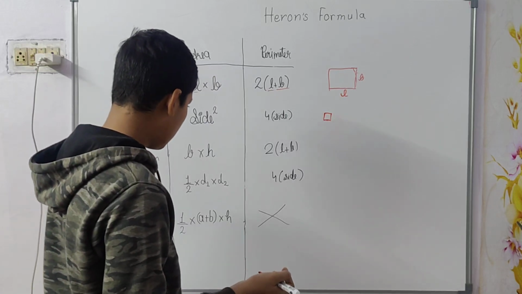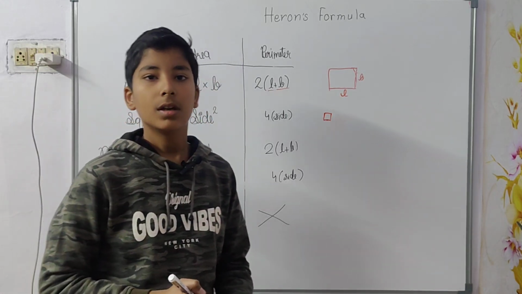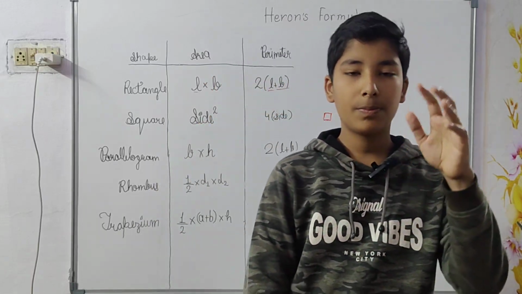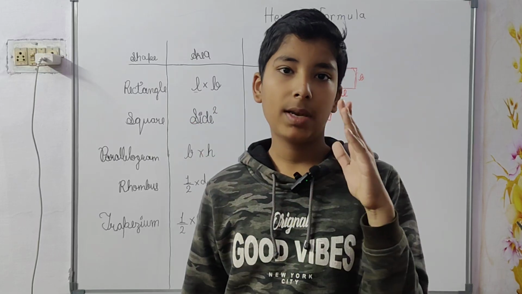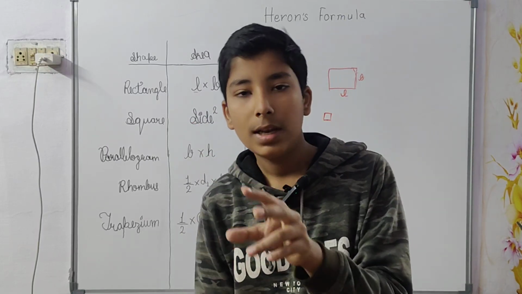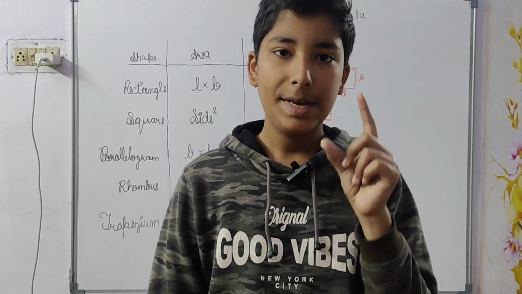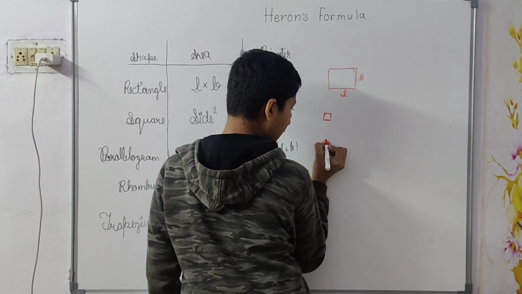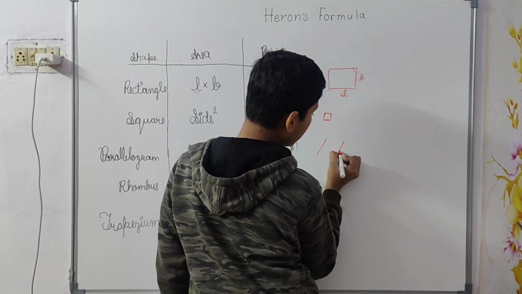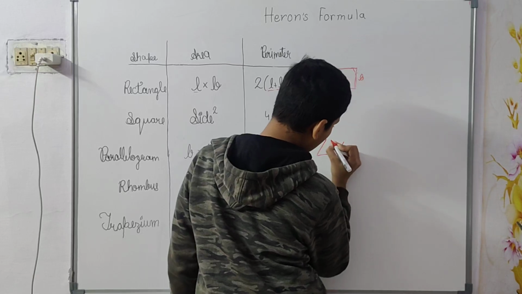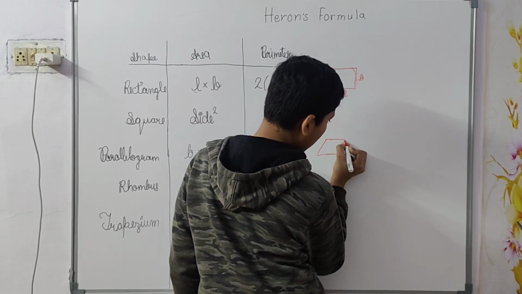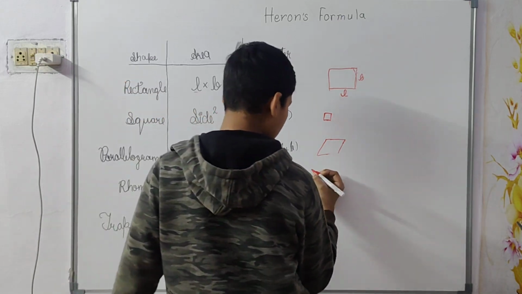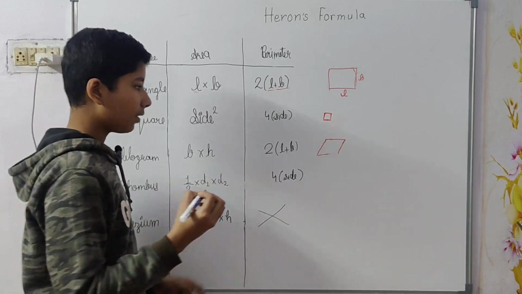Now a parallelogram. It is a figure with two pairs of sides parallel, meaning one pair of sides parallel to each other and the other pair also parallel to each other, but they are not equal and also not forming 90 degrees. This is a parallelogram, this type of figure, like Kaju Katli. Its area is base into height.